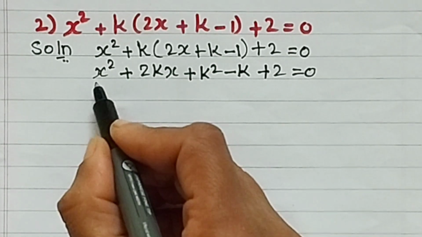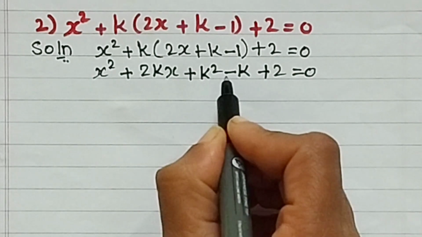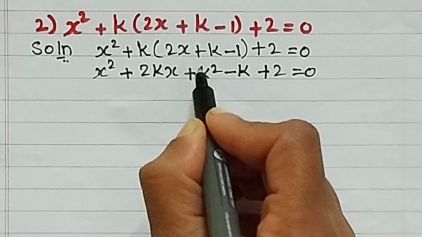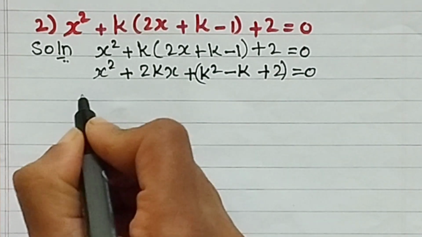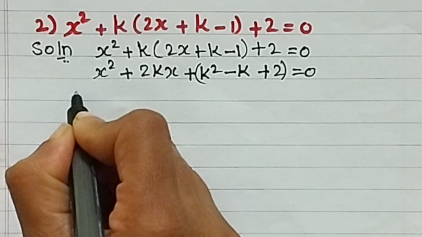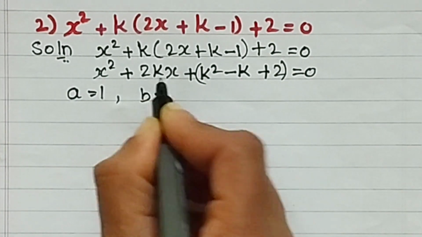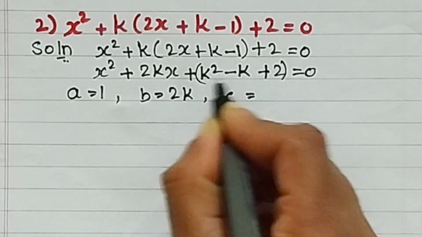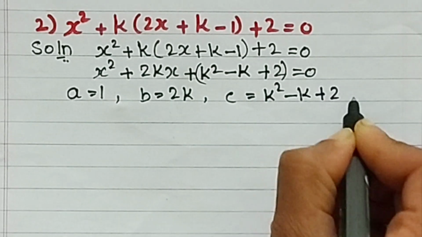Now this is in the form of ax square plus bx plus c is equal to 0. Here k square minus k plus 2 whole thing is constant, that is a is equal to 1, b is equal to 2k and c is equal to k square minus k plus 2.